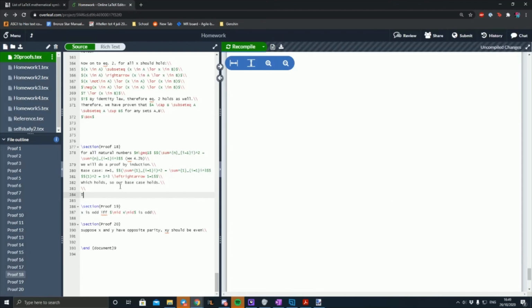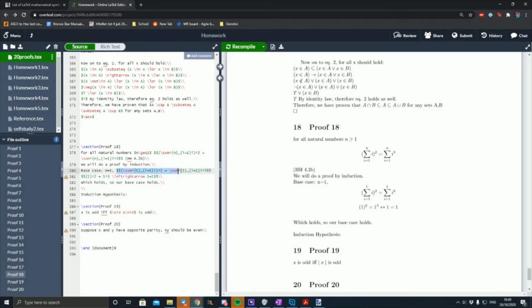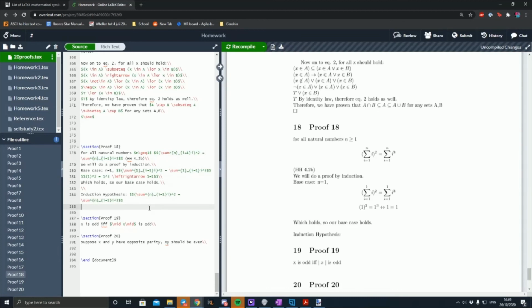New line, inductive hypothesis. And that's just this thing, or this thing. Inductive step.